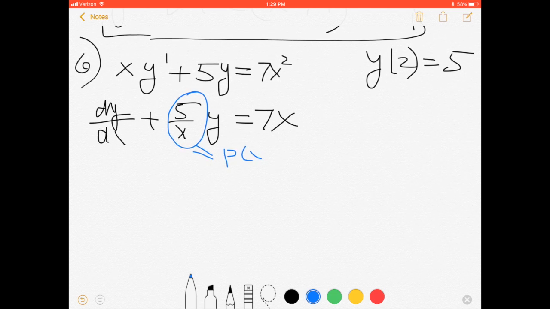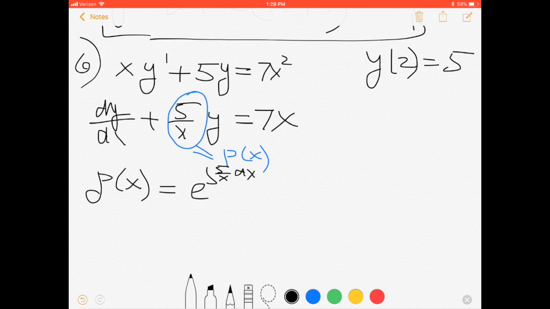This is p(x). Okay. Find the multiplicator rho(x): it will be e to the integral of 5 over x dx, e to the 5 natural logarithm x, it will be x to the 5th power.